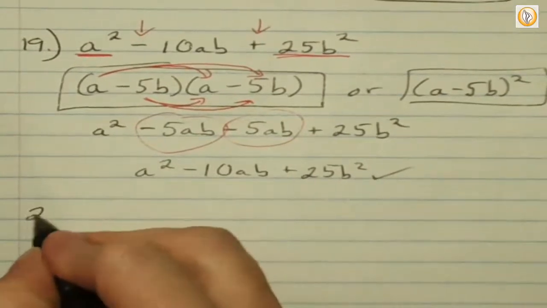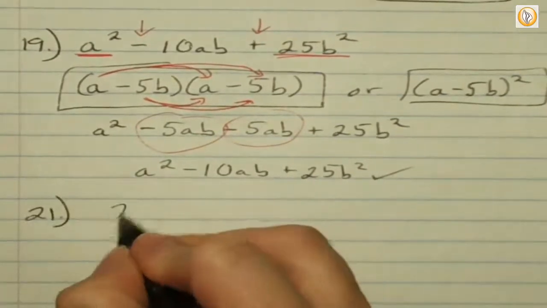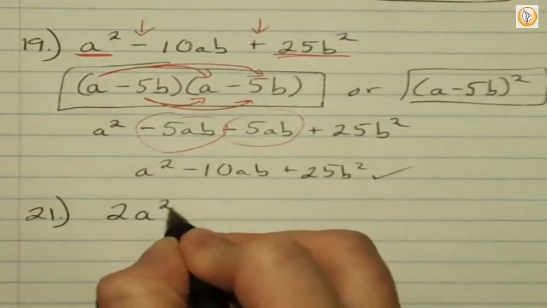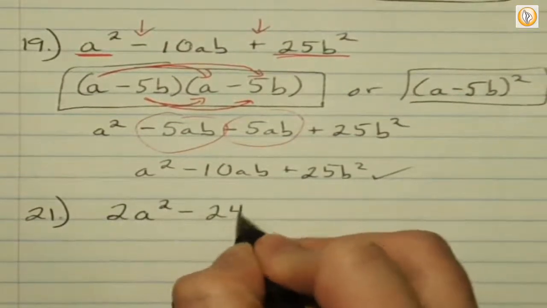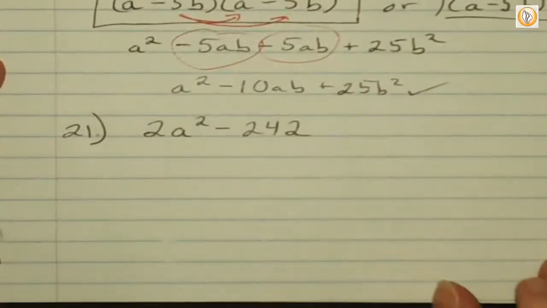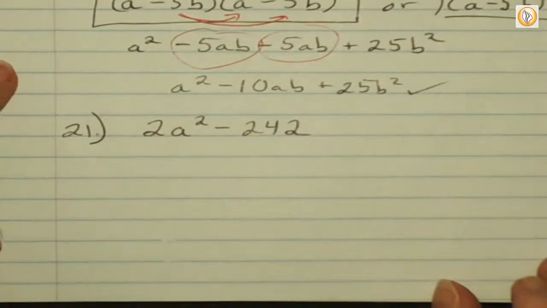It's going to look different. Is it Harry? It's Harry. 2a squared minus 242. Okay. Prime? No, no, no. No prime. Let's see.